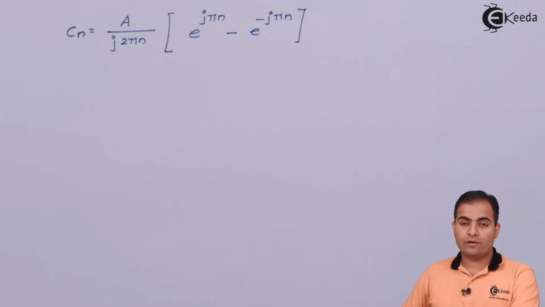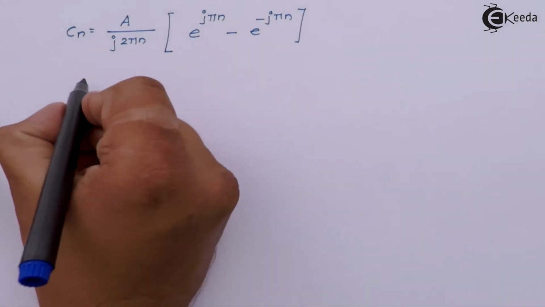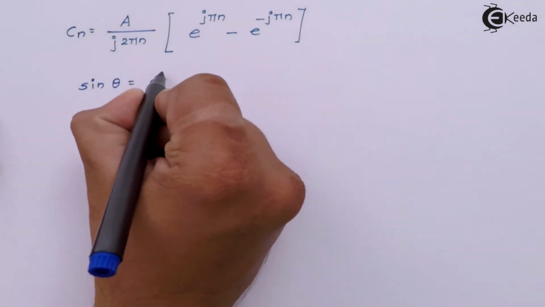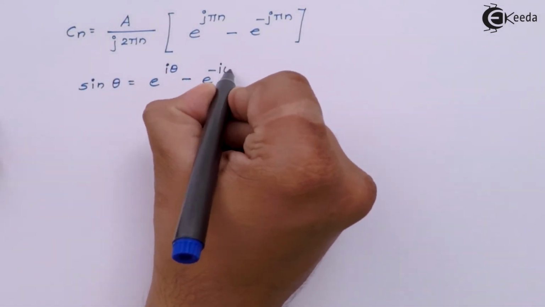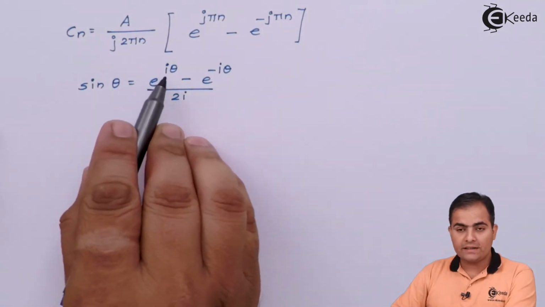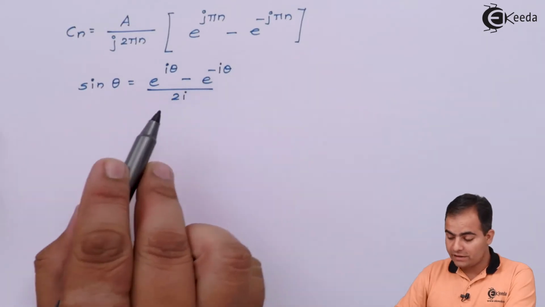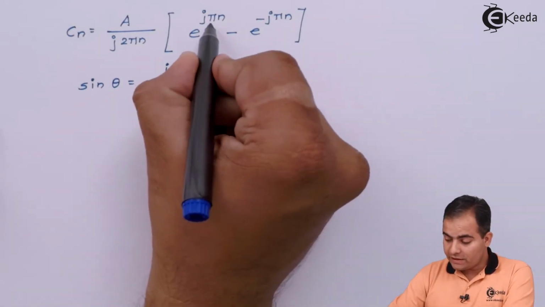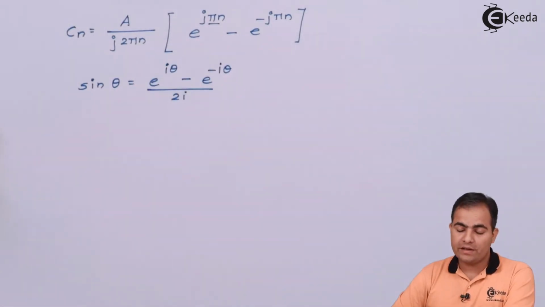We have studied one formula of sine theta, but in exponential form. Sine theta is e to the power j theta minus e to the power minus j theta upon 2j, where my theta is pi n.